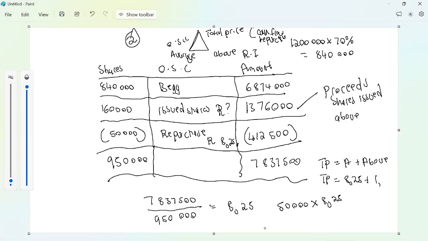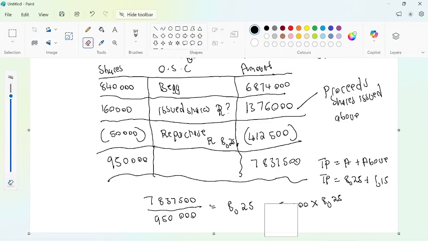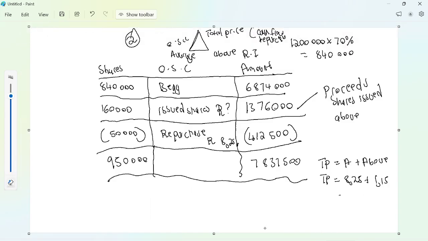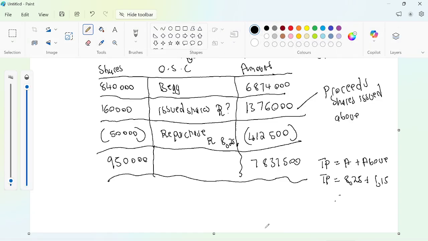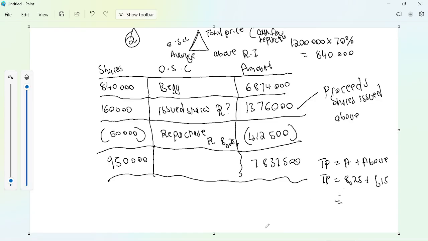So 1,15 is my above price. Therefore it gives me 9,40. 9,40 is the price that is going to the cash flow statement under financing activities for repurchase shares, or bought back.